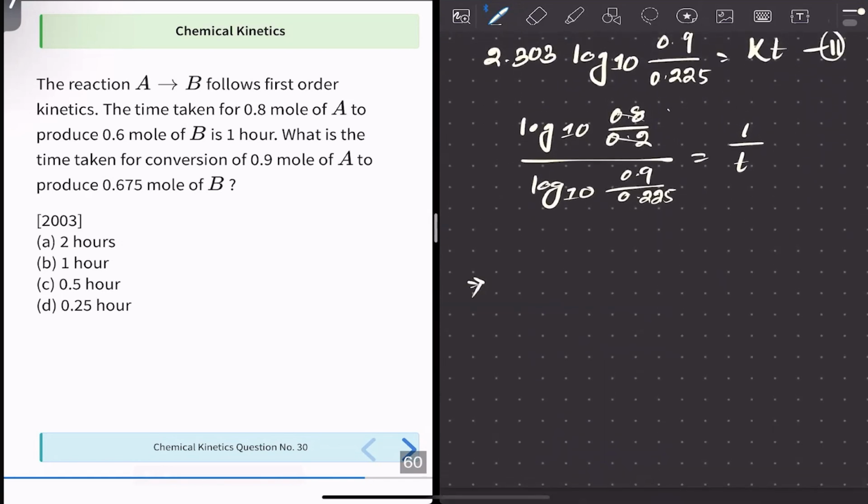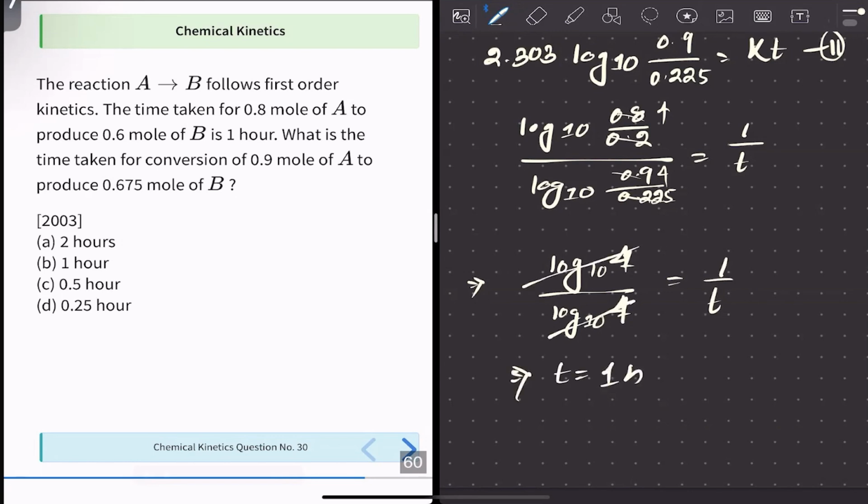Both ratios are 4, so log 10 4 over log 10 4 is equal to 1 by t. Log 10 4 cancels out. t is equal to 1 hour. So the time required will be 1 hour, same as in the first situation. So option B is correct.